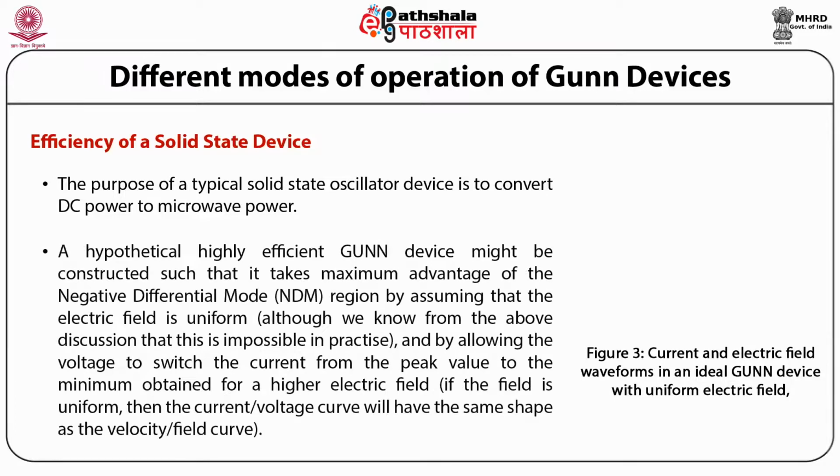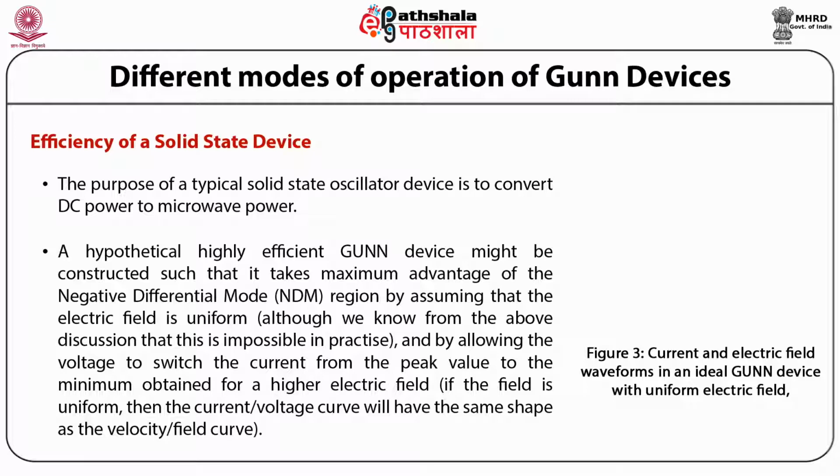So a hypothetical highly efficient Gunn device might be constructed such that it takes the maximum advantage of the negative differential mode, NDM, region by assuming that the electric field is uniform, although we know from the above discussion that this is impossible in practice.